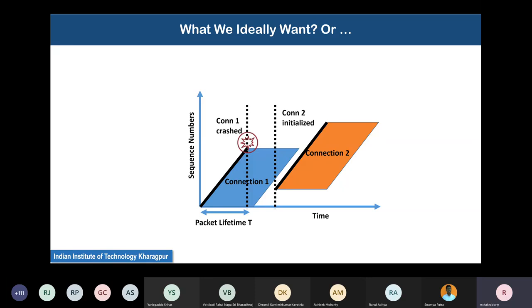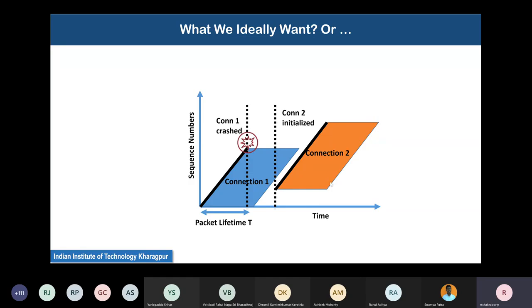Ultimately, it will wrap around. If you are using some k number of bits, after 2 power k segment numbers, it has to wrap around. So I will start at such a low value that it is guaranteed that all the segment numbers at that value or below it have already gone out of the system. And as I increase my segment numbers, I will keep a difference with my forbidden zone. I will never overlap with the forbidden zone.